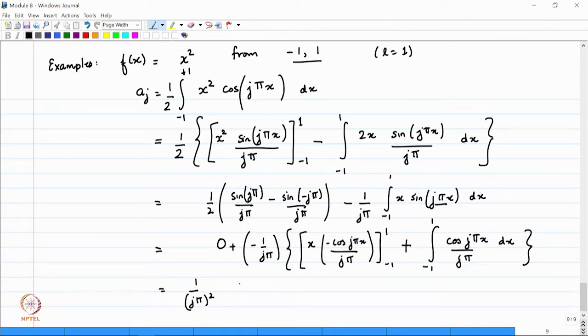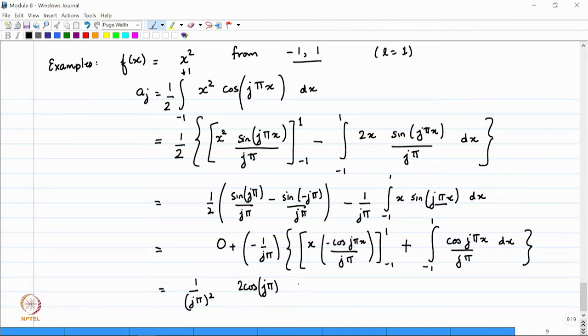When x is minus 1, then again I have minus cosine of j pi. And then I have a minus sign here. So, I can write this as 2 cosine of j pi. I'll leave it as cosine of j pi for now. We'll look at it a little more closely in a bit.